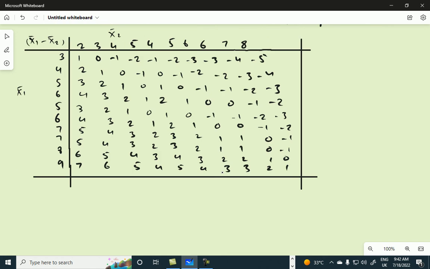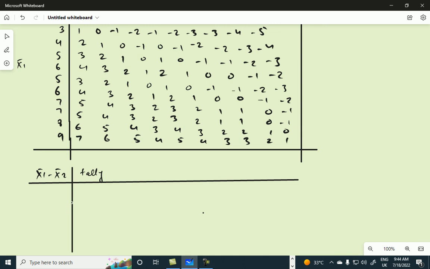Now, we have to construct the sampling distribution from this table. How? Write each and every difference only once. The minimum value in this entire table is minus 5.